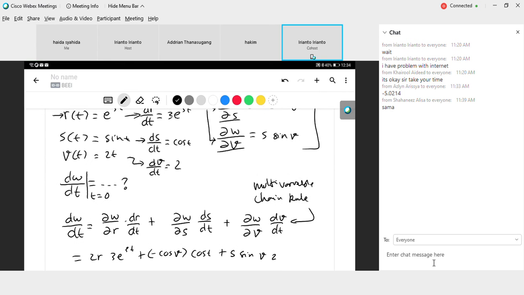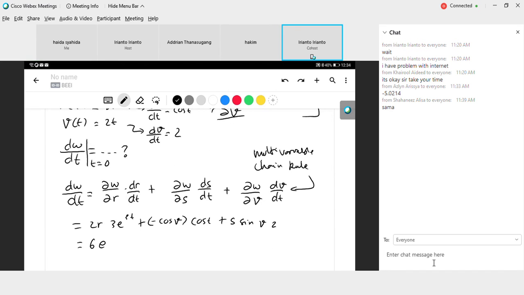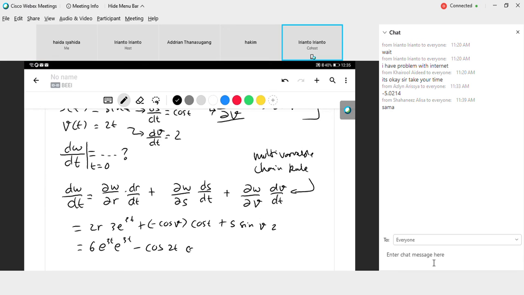The value of R, let me substitute. You need to substitute the value of R. Everything put in the T form. R is e to the power of 3t, so I substitute with e^3t, e^3t. Negative cos V, substitute the V. V is 2t. So cos 2t, cos t.